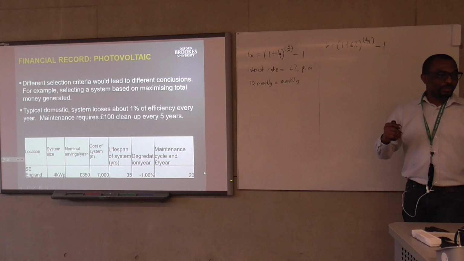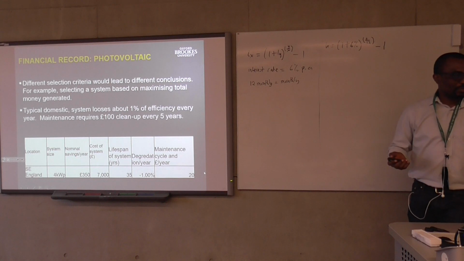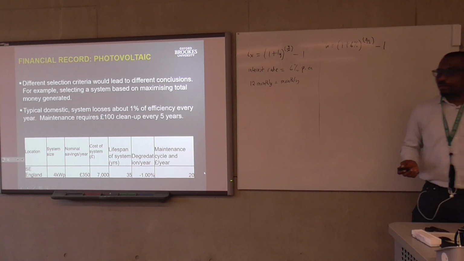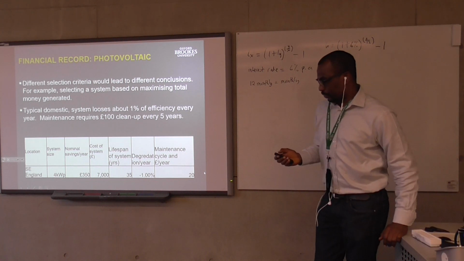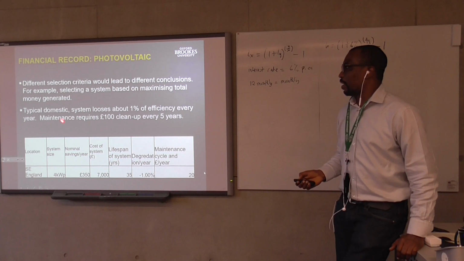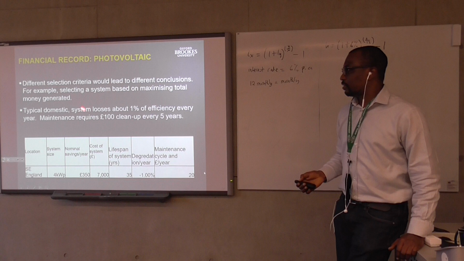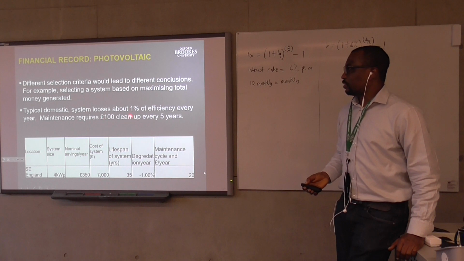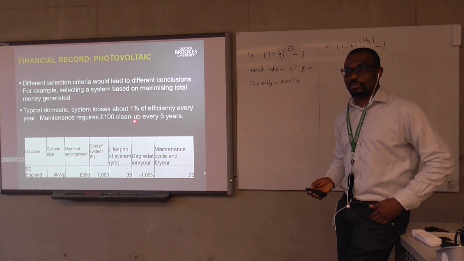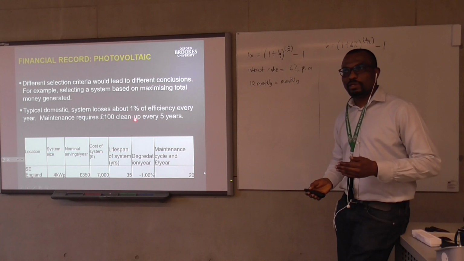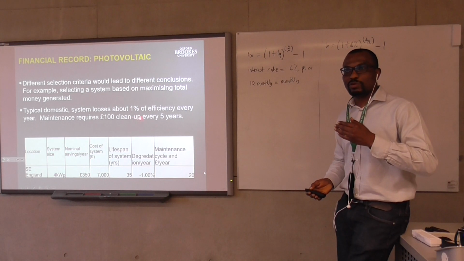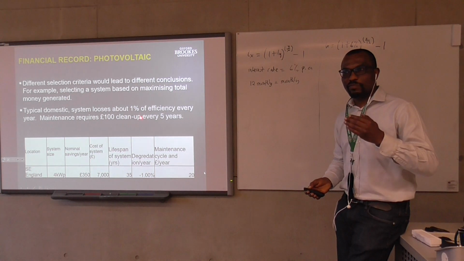So let's assume we have these two examples. The first example is the photovoltaic. These are the parameters we have. It's a domestic system, and let's assume every year it loses about 1% of its efficiency. If you started using it now, maybe your maintenance cost is, let's say, £100 for this year.